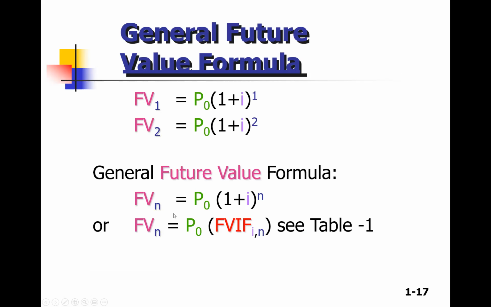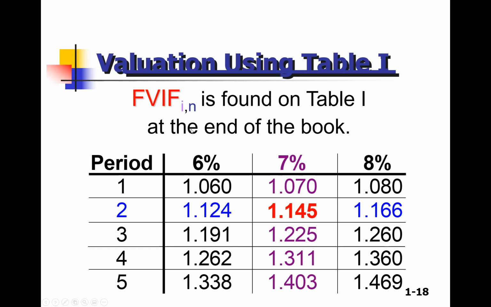Now we can also create a table of future value interest factor. As I told you, this part, 1 plus I raised to power n, is known as the future value interest factor. For this future value interest factor, we can create a table. Here we will write interest rates, and here we will write periods.